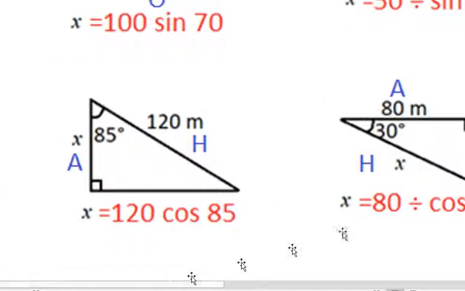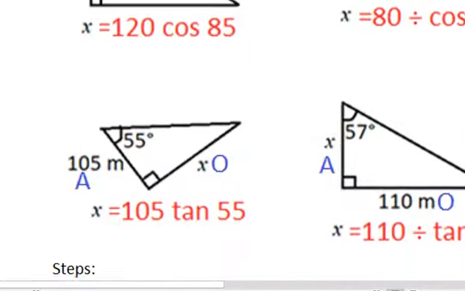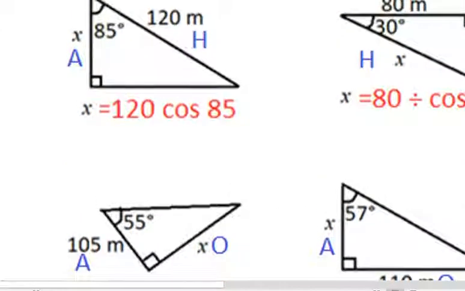Alright, next bit is these questions here. Pretend that you don't see this 105.10.55, which is actually our answer, just having a bit of a preview of the answer there, and pretend that you don't see the O and the A because we're going to label that there. That's where you wouldn't be given the A and the O in the test. So first of all, let's label the H, the hypotenuse.